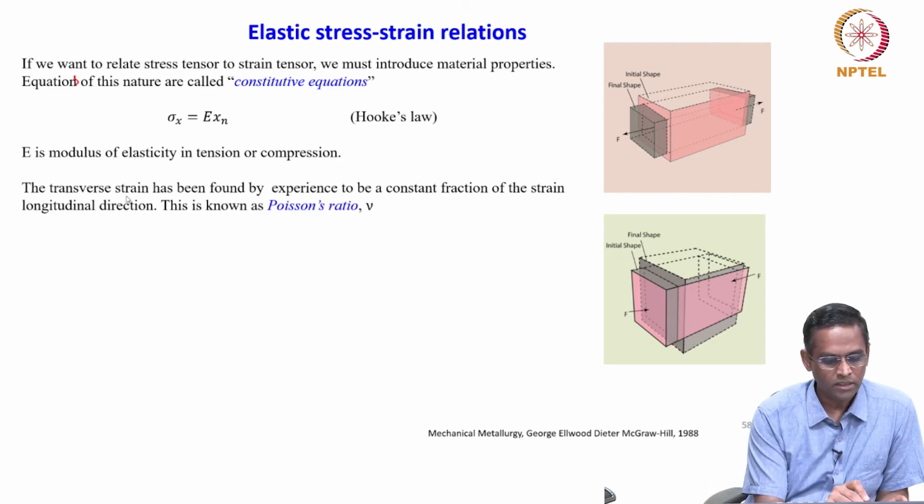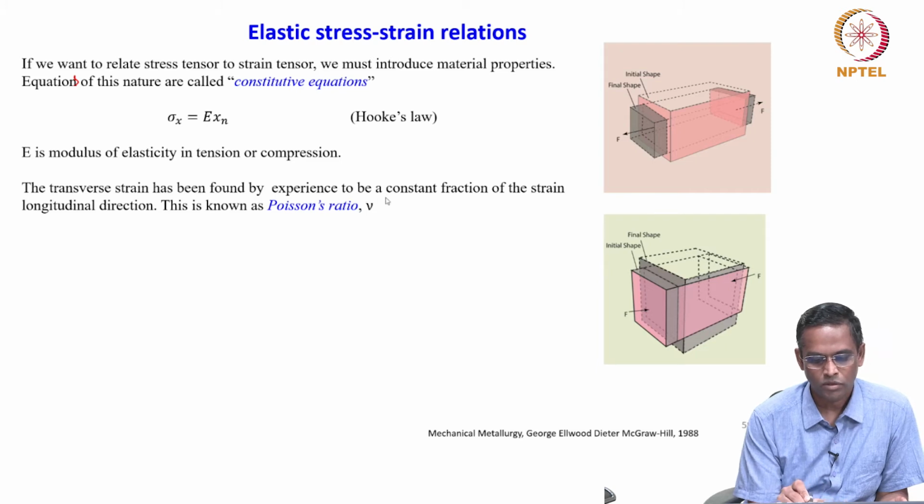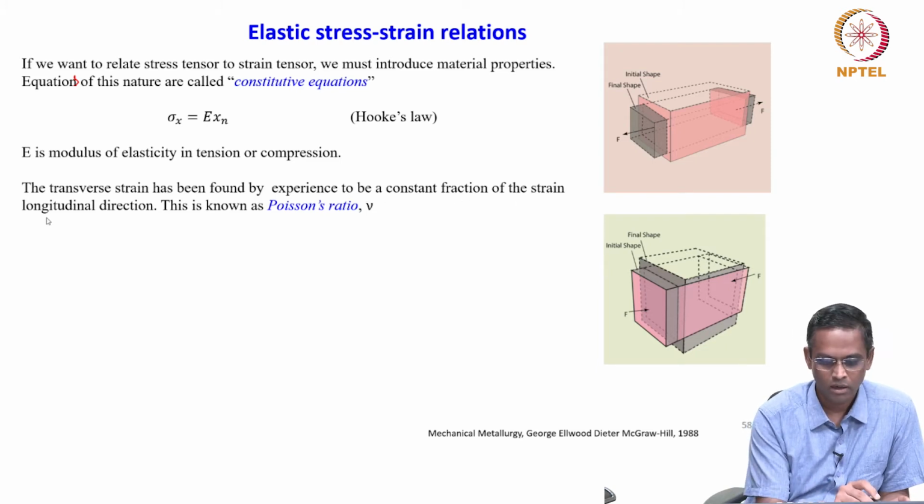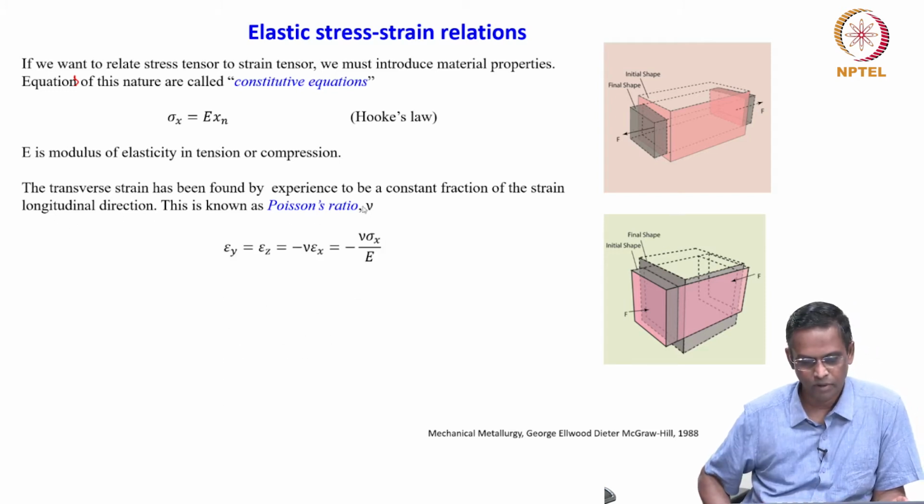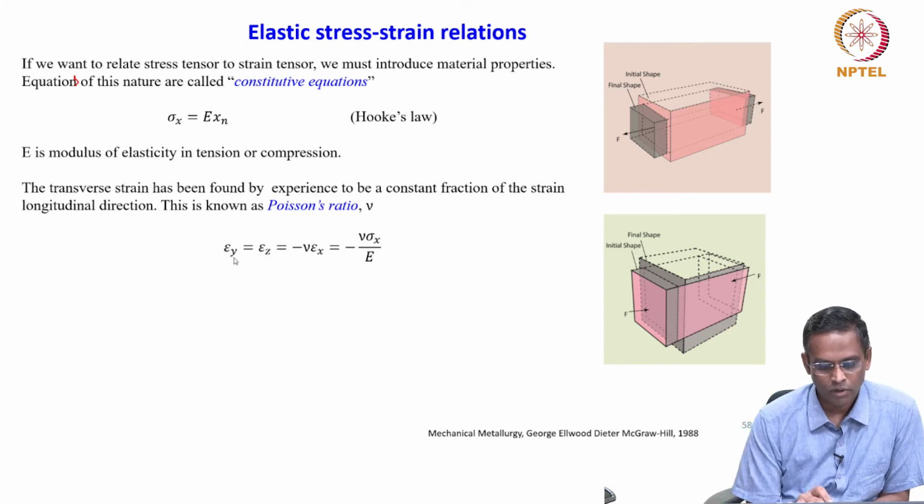The transverse strain has been found by experience to be a constant fraction of the strain in the longitudinal direction. This is known as Poisson's ratio. So you can express epsilon y equal to epsilon z equal to minus mu times epsilon x, or it can be related to the stress, where epsilon x can be written as sigma x by E. This is a simple relation.